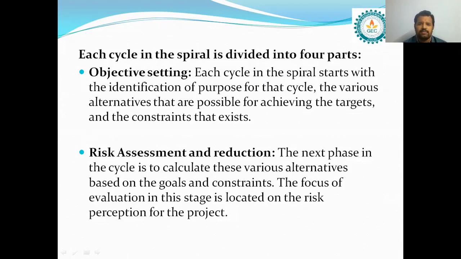There are different alternatives which are possible for achieving the targets, and also the constraints that exist in the cycle. Next, the second part is called risk assessment and reduction.